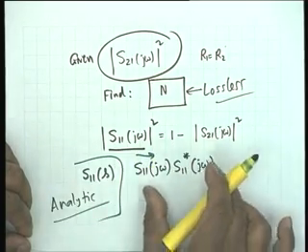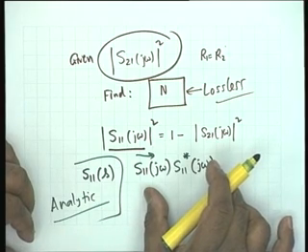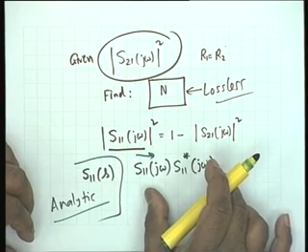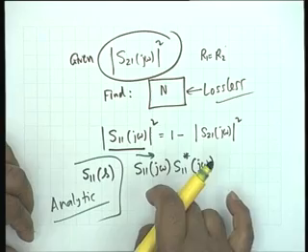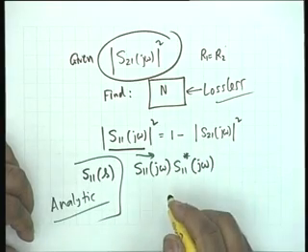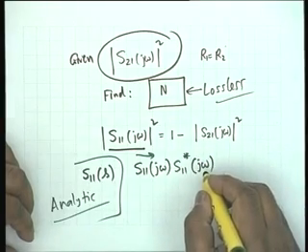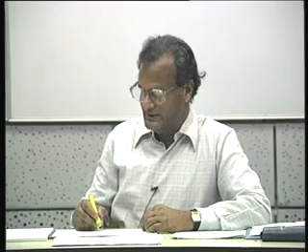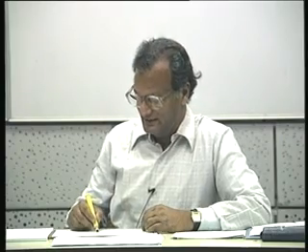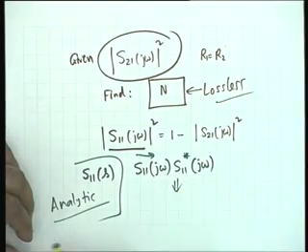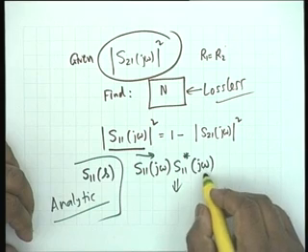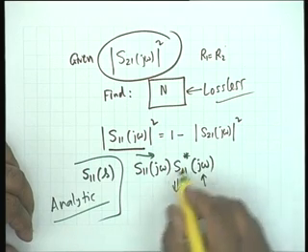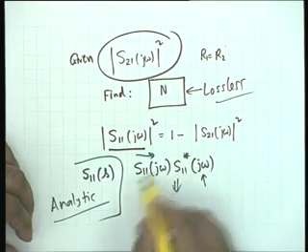There is nothing hidden in this. This is obvious, isn't it? Magnitude squared is equal to the quantity multiplied by its complex conjugate. And then I take a big leap forward, that is, from the imaginary axis I jump to any other point in the s plane, which means that I replace j omega by s. But before that, if it is an analytic function, what is the relation between this and this?